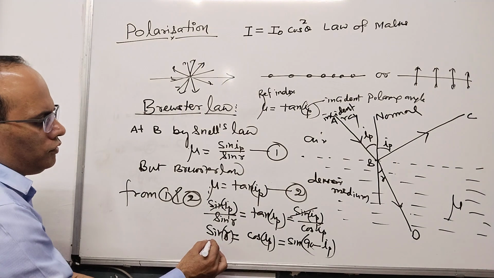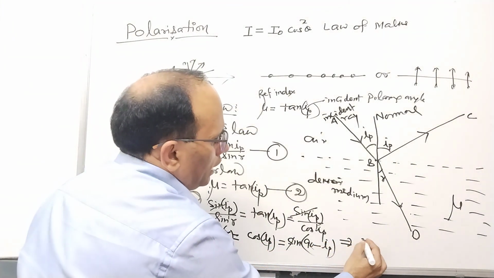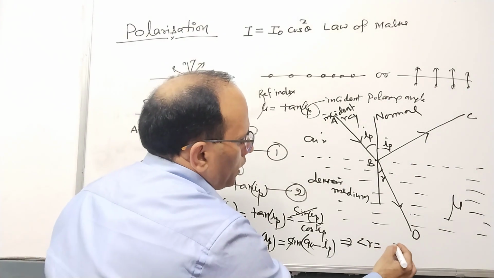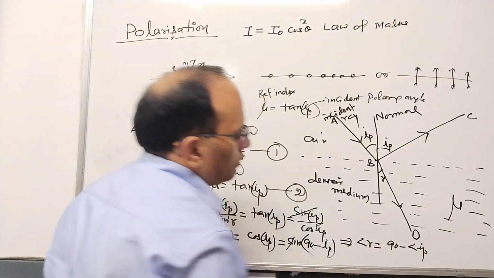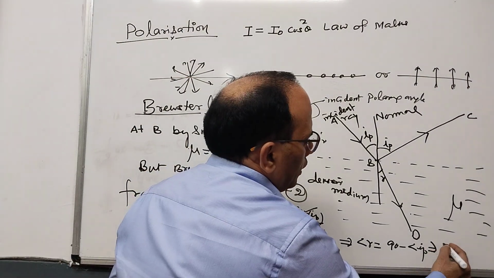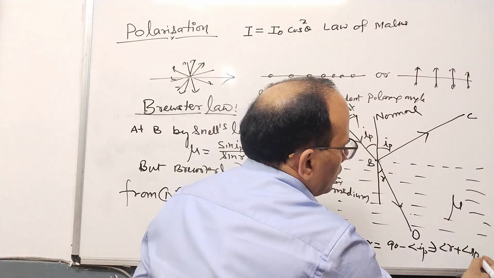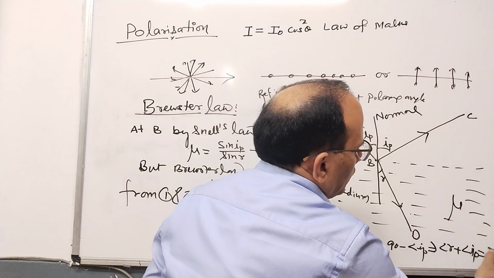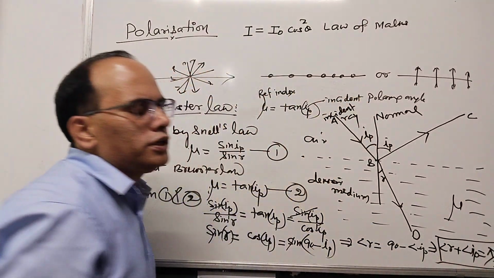So you can again remove sine. What is the result? Angle R equals 90 minus angle IP. Now one can say that angle R plus angle IP equals pi by 2, that is 90 degrees.